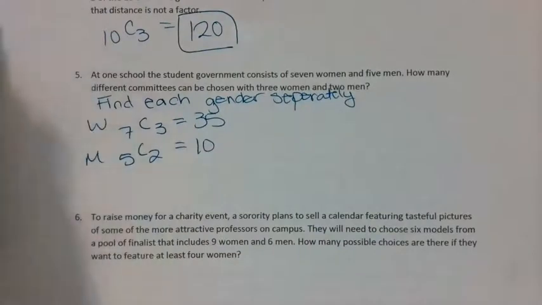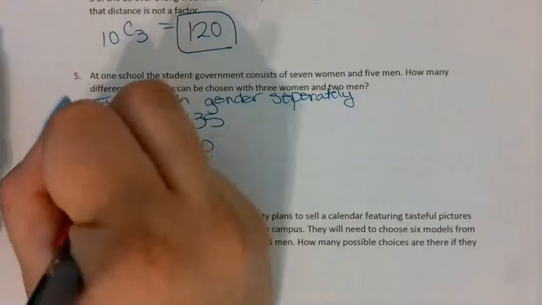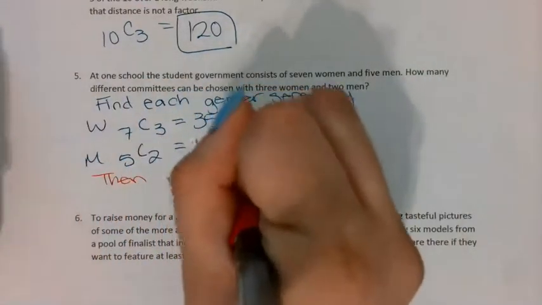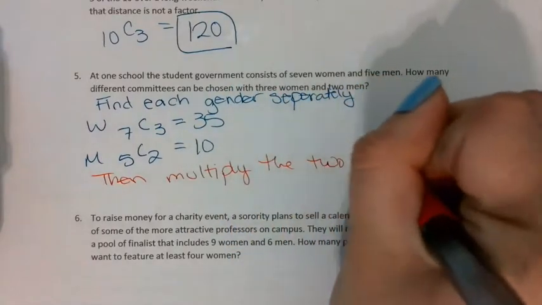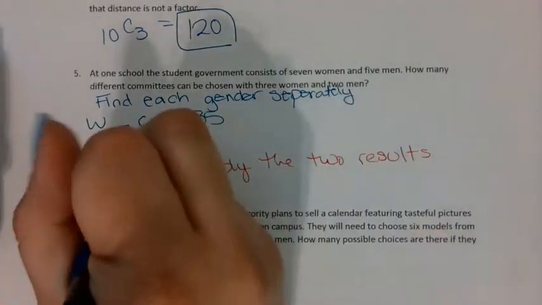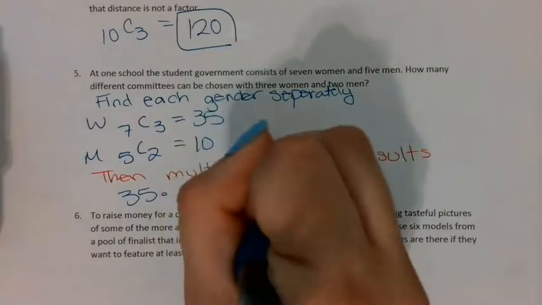Then what we do is we multiply the 2 results, because for each possibility of women, I could have 10 different combinations of men. So this would be 35 times 10, which gives me 350.